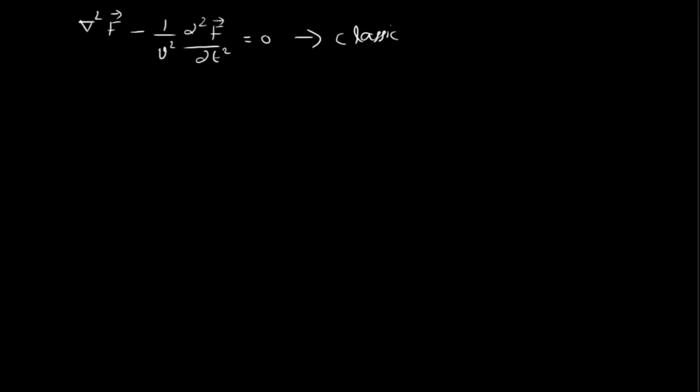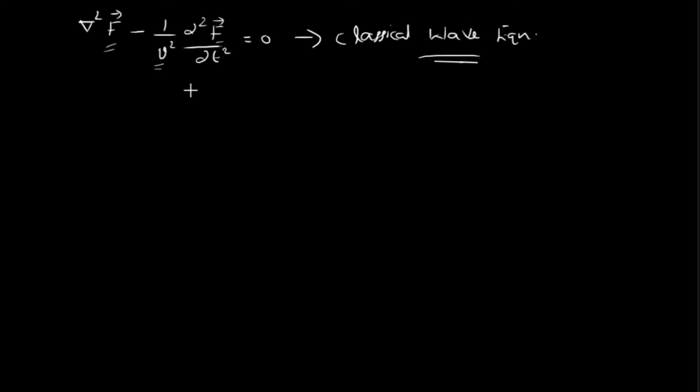This has nothing to do with our electric field or magnetic field, or with our electromagnetic wave. It is already derived. We are not going to derive it and waste our time. You just have to remember that this is the classical wave equation for any field F, where v is the velocity of the wave.